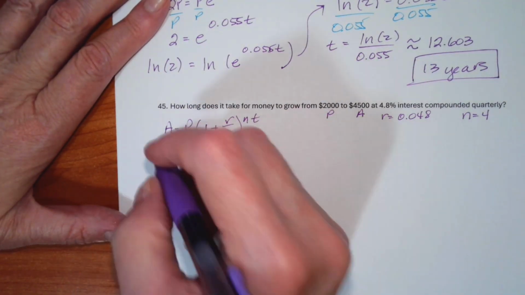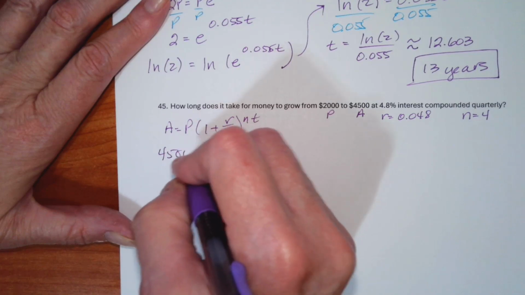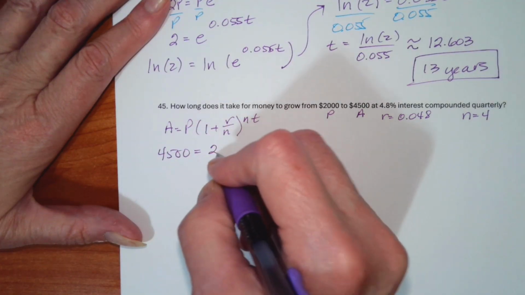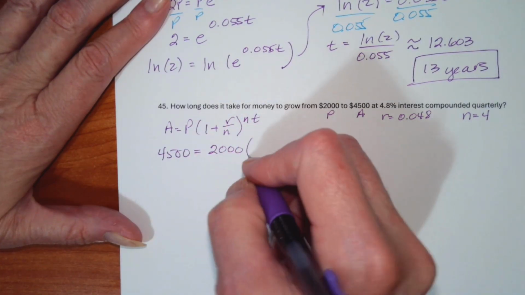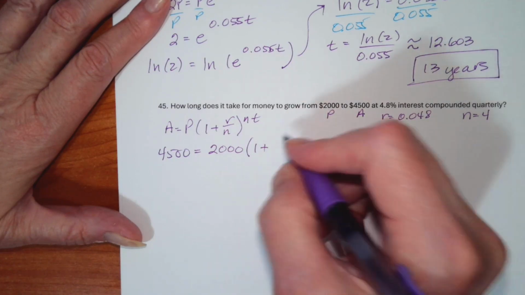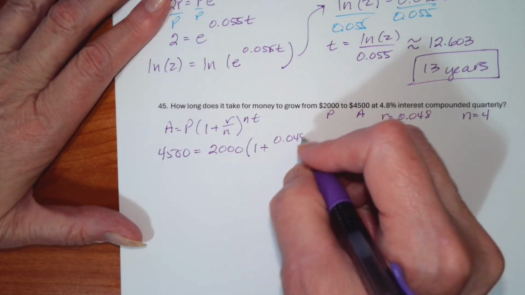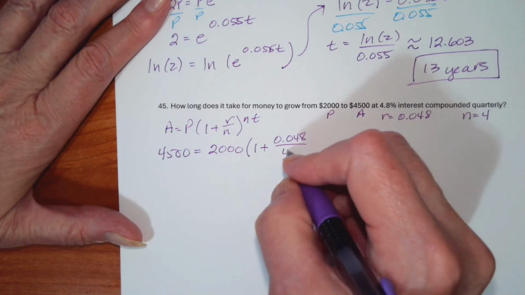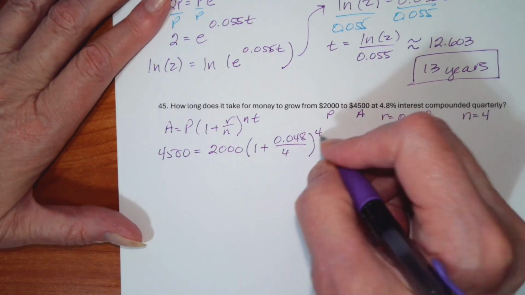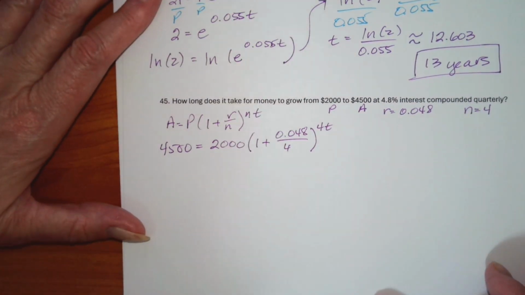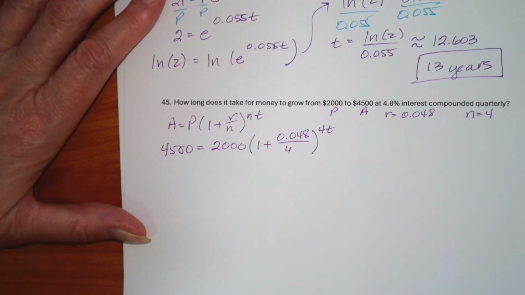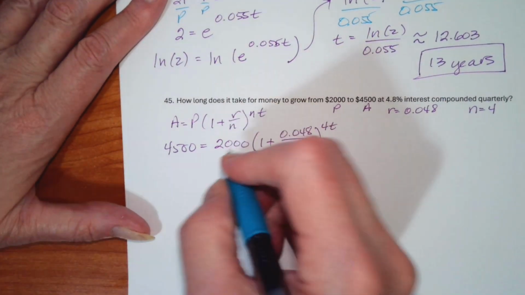So I've got 4,500 is equal to 2,000 times 1 plus 0.048 divided by 4 to the 4t. All right, so let's divide by 2,000.